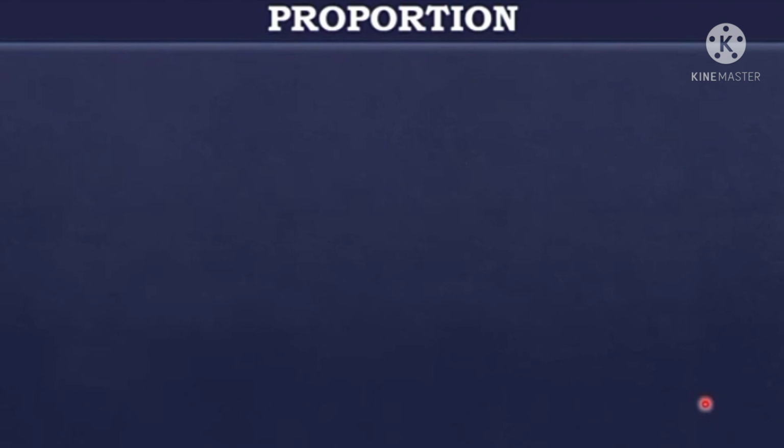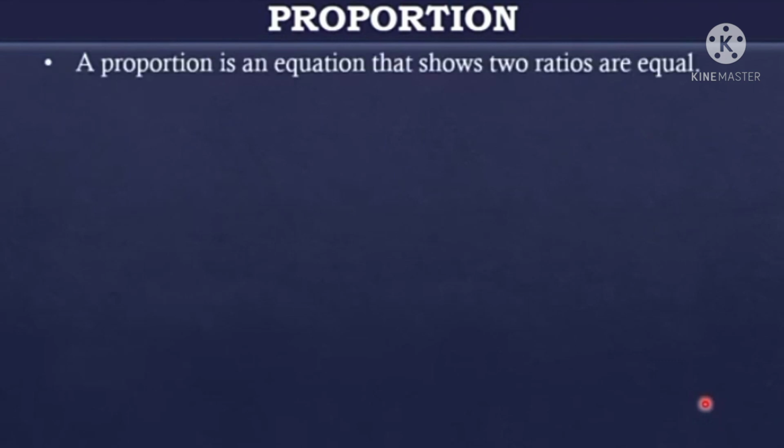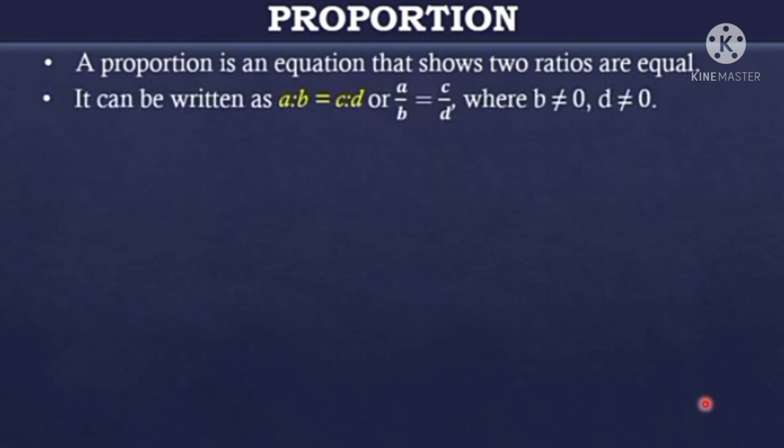Now, let's talk about proportion. A proportion is an equation that shows two ratios are equal. If we have two ratios and they are equal, then we can consider that a proportion. How do we write a proportion?